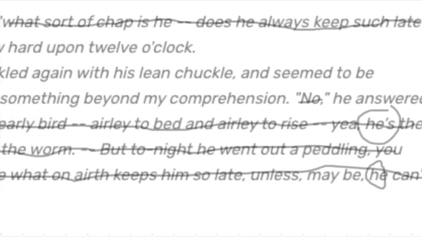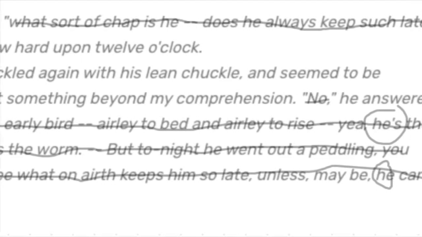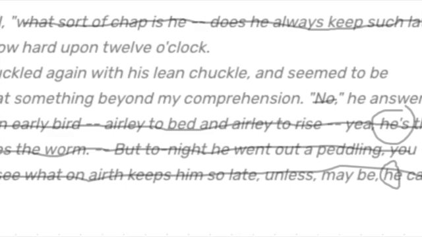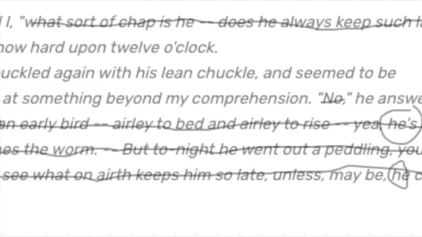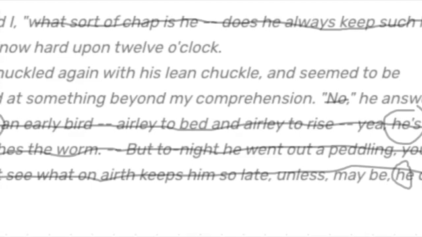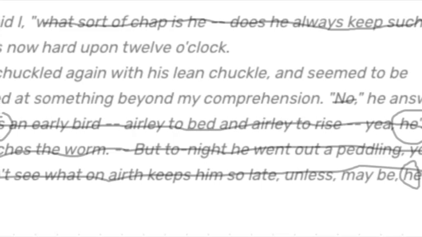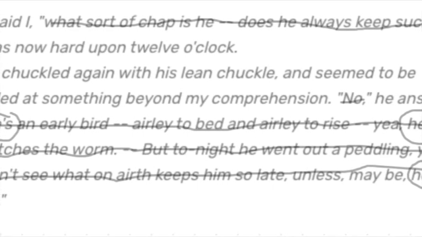"No," he answered. "Generally, he's an early bird. Early to bed and early to rise. Yeah, he's the bird what catches the worm. But tonight he went out a-peddling, you see, and I don't see what on earth keeps him so late, unless maybe he can't sell his head."